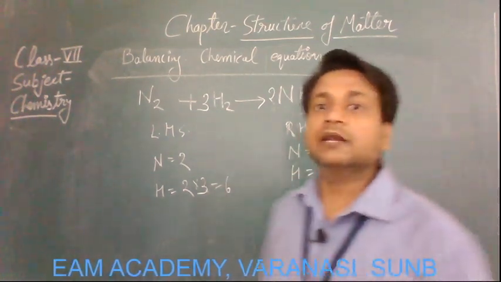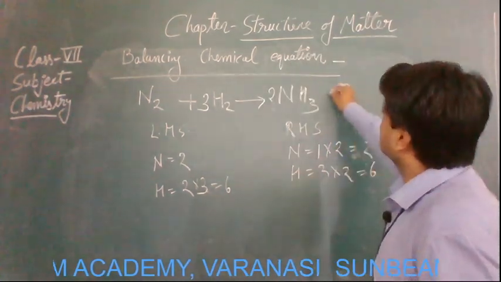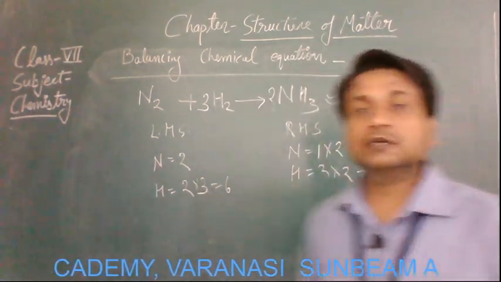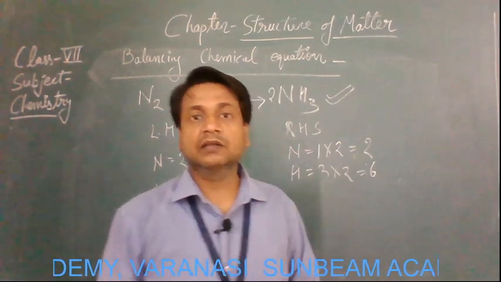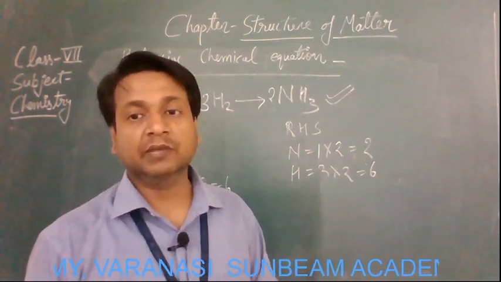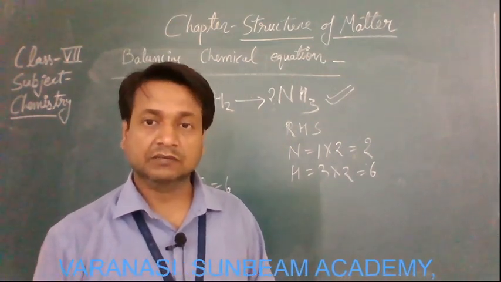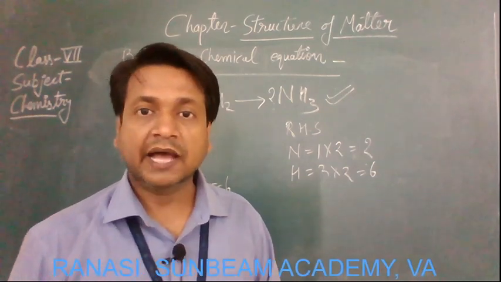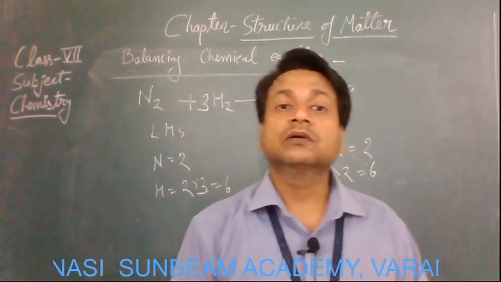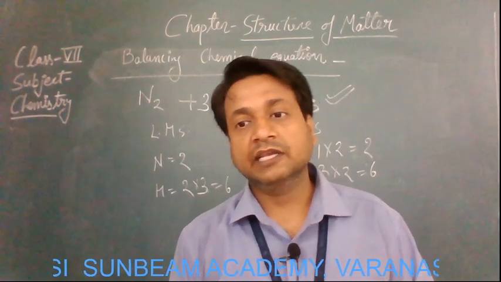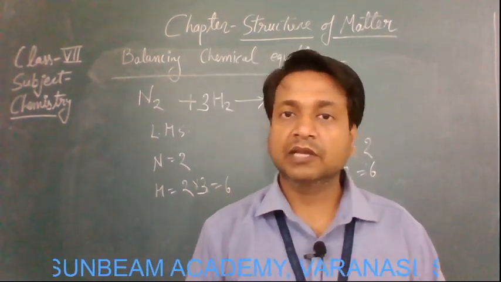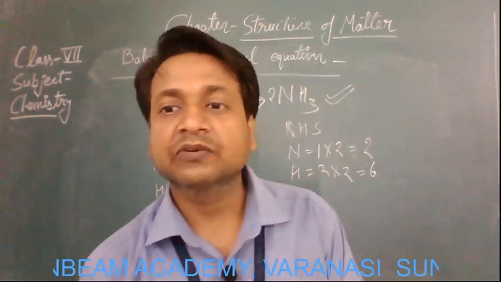So now they are equal and now we can consider this the correct chemical equation or balanced chemical equation. Understood, children? I hope that you understood. So you will do more and more practice, then you can easily learn to balance chemical equations. Thank you and have a nice day, children.